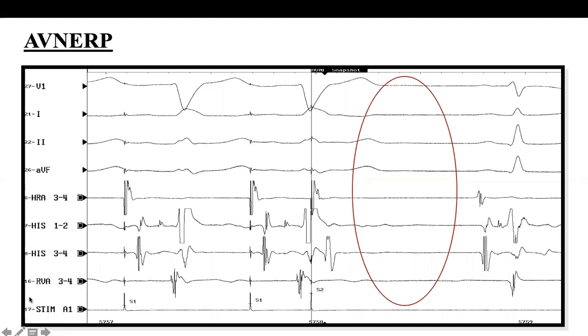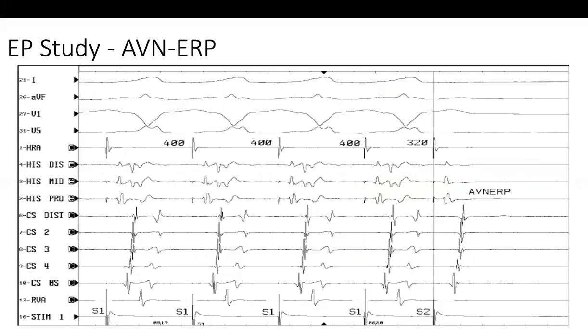The previous one, 290, for example, was conducting. Then 280 is the effective refractory period of the AV node, and we call it the effective refractory period of the AV node, 280 milliseconds at a drive train of 500 milliseconds. So you have to specify.